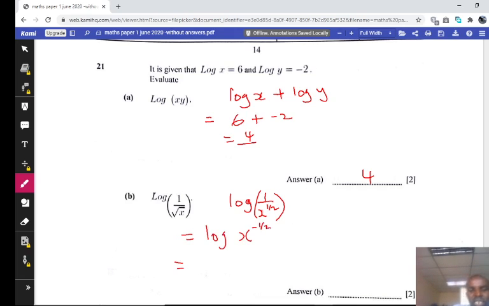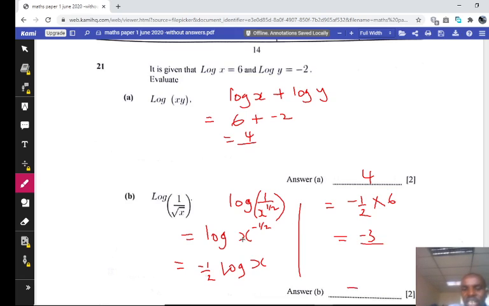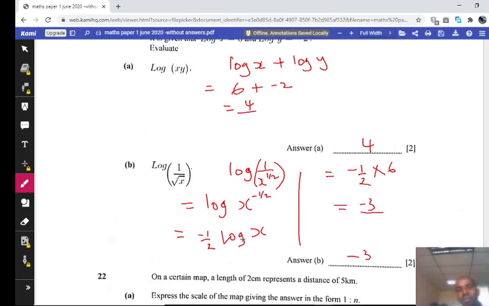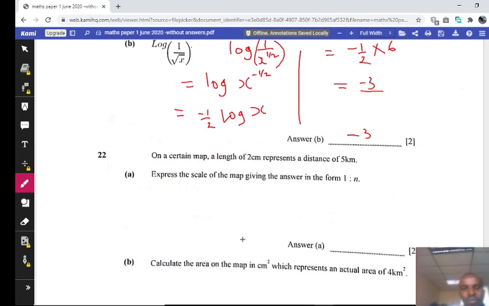Then apply the laws of logarithms. It will be minus half log x. Then simplify, minus half times log x, which is 6. You just substitute there, it will be minus 3. This will be your final answer. Minus 3, that's your final answer.